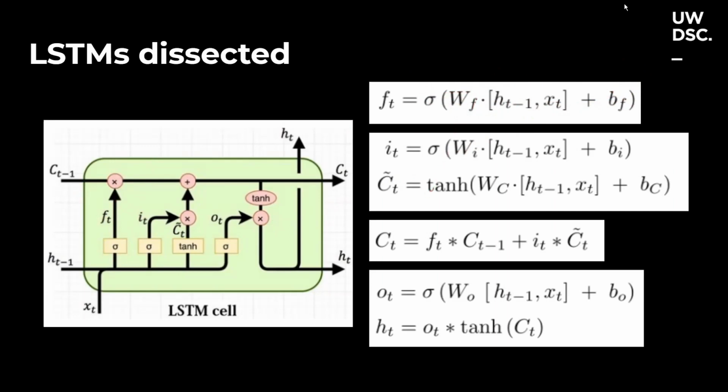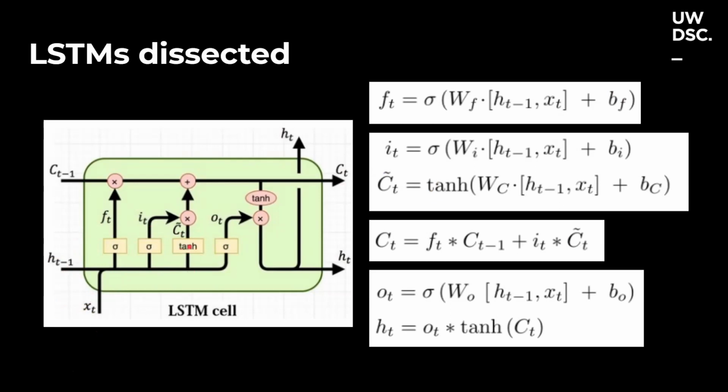Okay, let's go into the input gate. This is slightly more complicated, but it's also not that complicated. You also have your xt and your hidden state from the previous cell. You go into this sigmoid layer, which outputs something from 0 to 1.